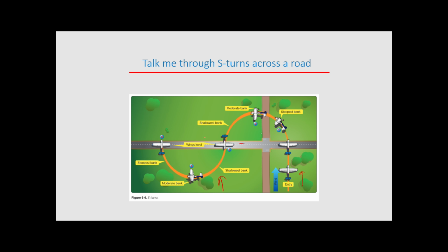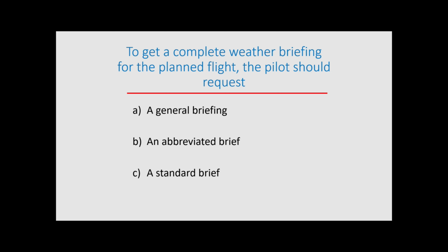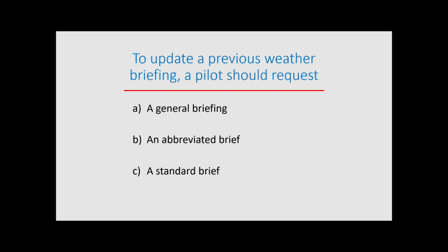What is the purpose of the elevator on an airplane? To control pitch. To get a complete weather briefing for the planned flight, the pilot should request a standard brief. To update a previous weather briefing, a pilot should request an abbreviated brief.